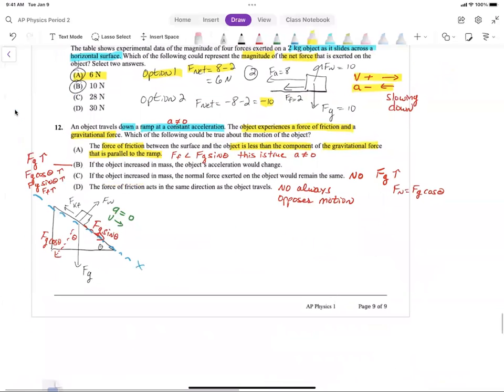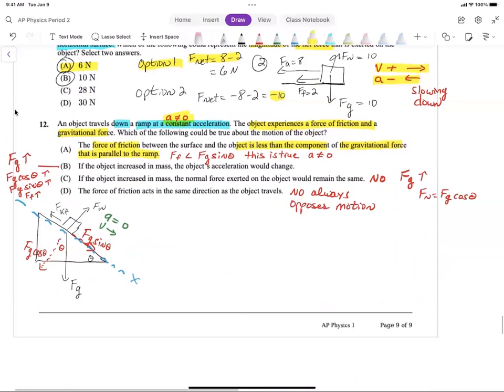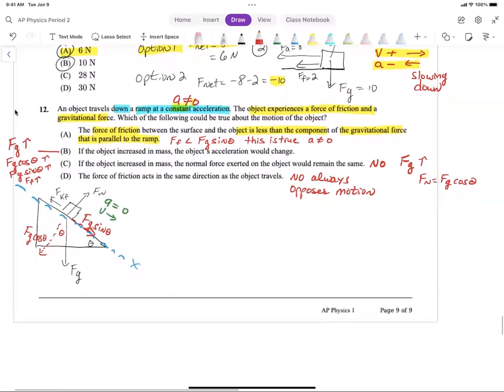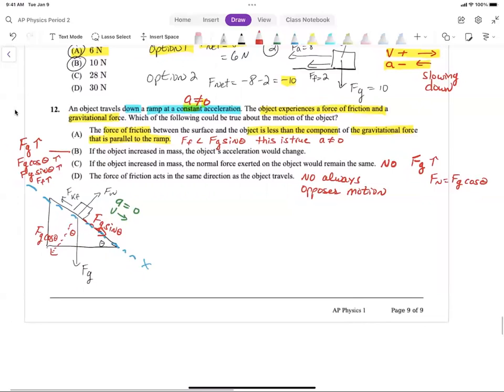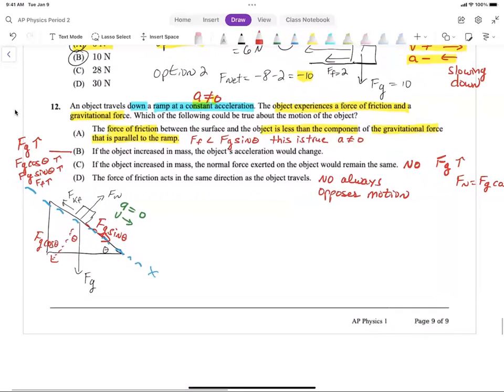I would agree. Number 12, an object travels down a ramp at constant acceleration. Not a equals 0. Okay, come on. Constant acceleration. Oh, no. A does not equal 0. That's what I said. The object experiences a force of friction and a gravitational force. Which of the following could be true about the motion of the object? So quickly here, I have a picture.